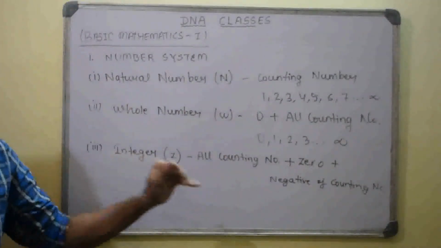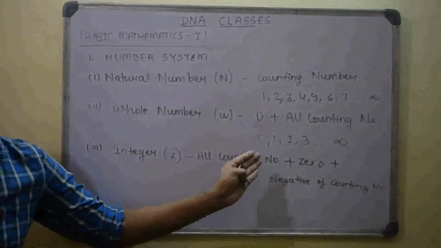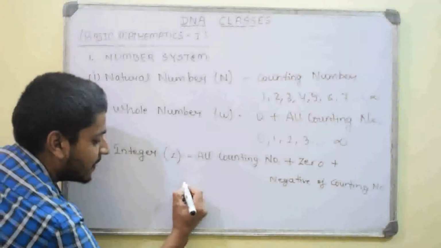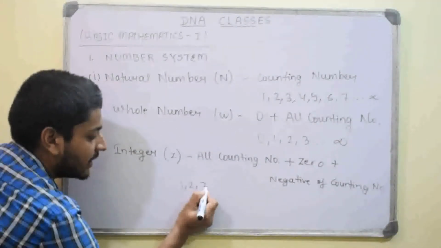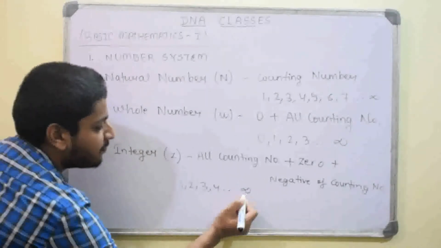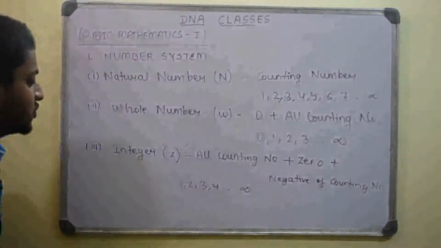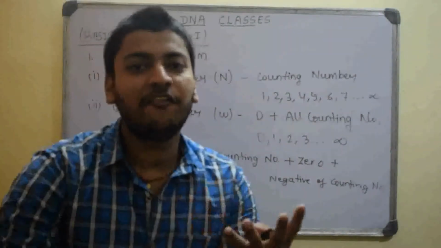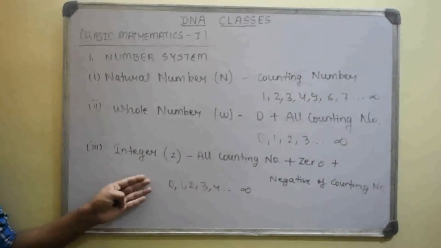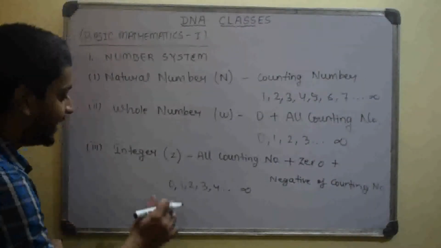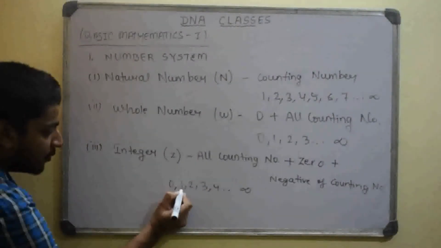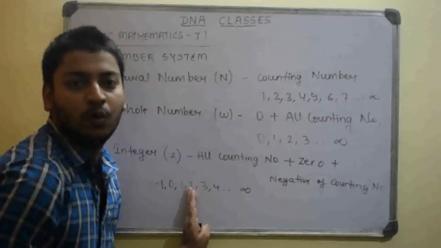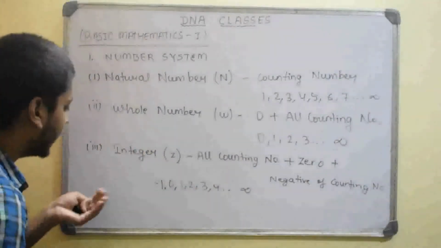In counting number, as we know from natural number, it starts with 1, goes to infinity. So integer, this will be 1, 2, 3, 4 till infinity, including 0, so we will include 0, and negative of natural number. So we will take negative of natural number. Negative of natural number 1 is -1. If natural number is 2, negative of natural number will be -2.